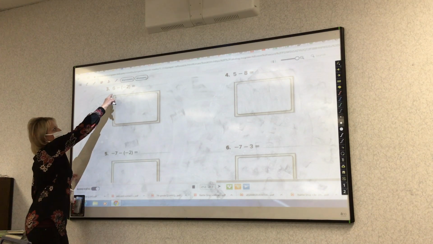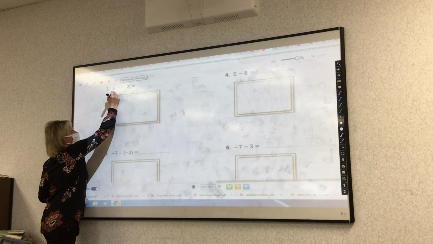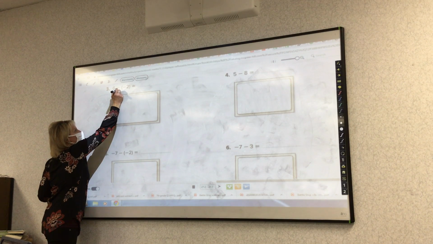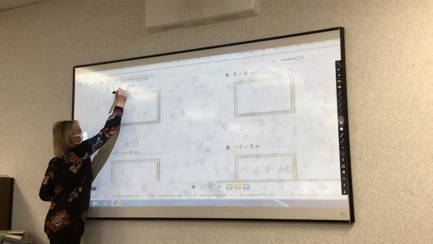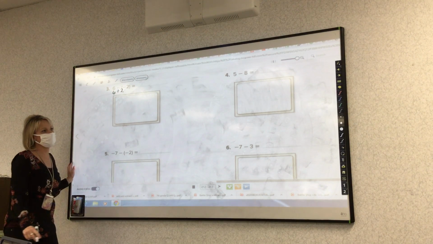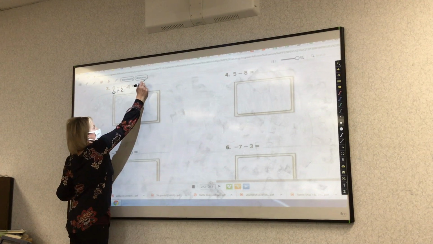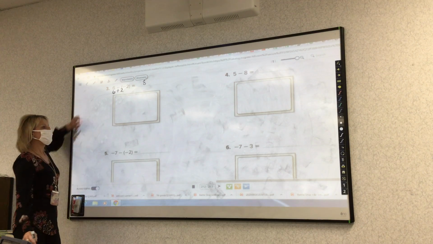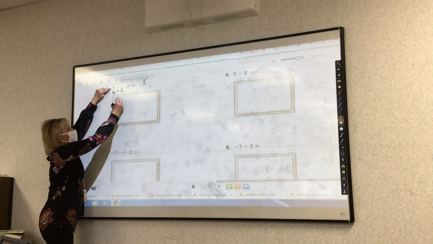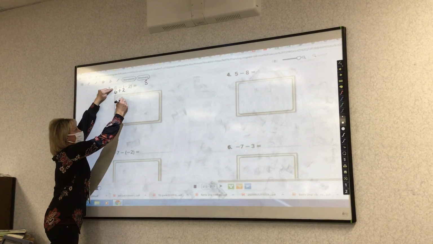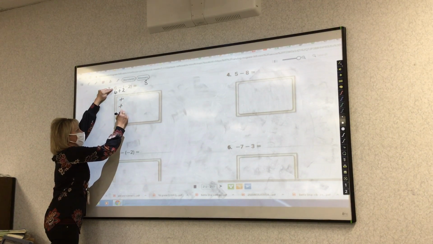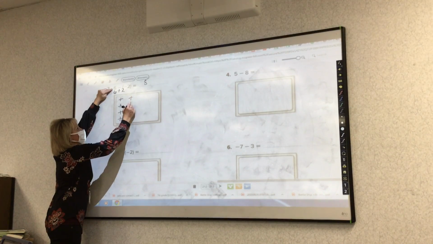We're going to do it again. Keep 6, change subtraction to addition, change the negative to a positive. So 6 plus 2 is 8. That's what we should come up with. Go back to the original problem. What am I going to put in here in my box? 6 positives. 1, 2, 3, 4, 5, 6.